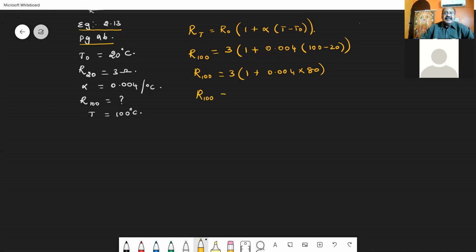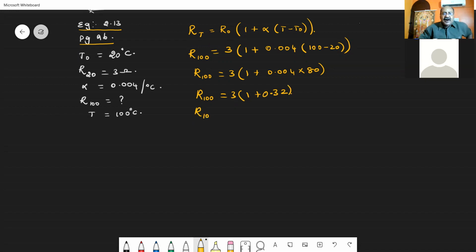So R100 is equal to 3 into 1 plus, when I multiply 0.004 with 80, I am getting 0.32.